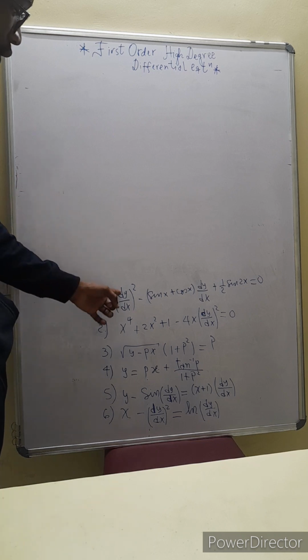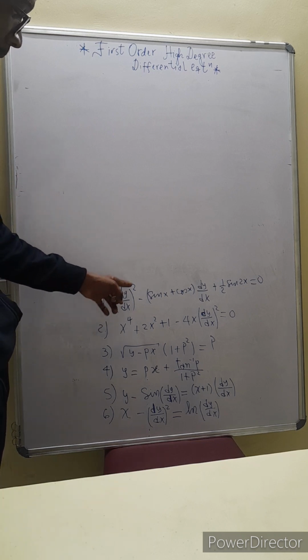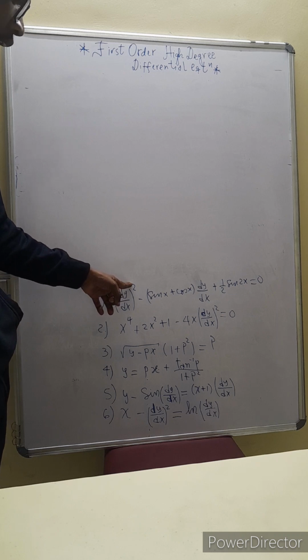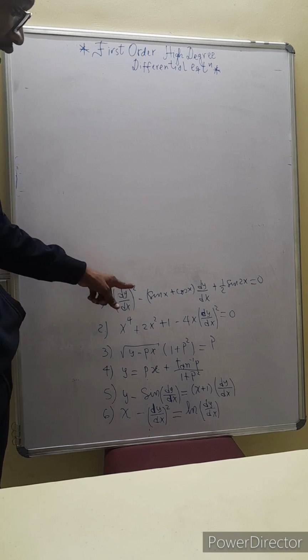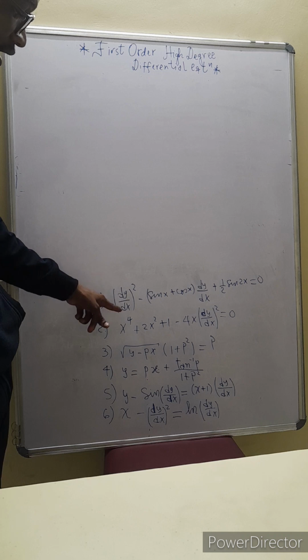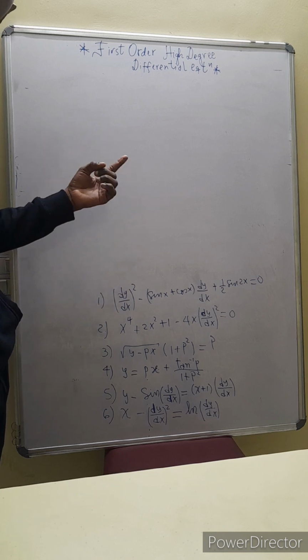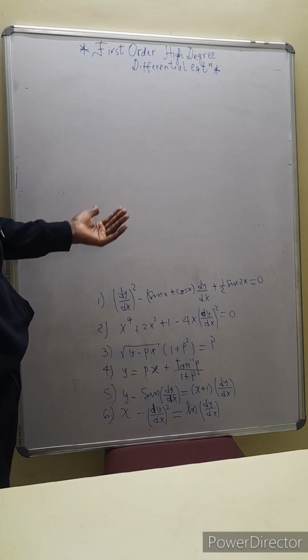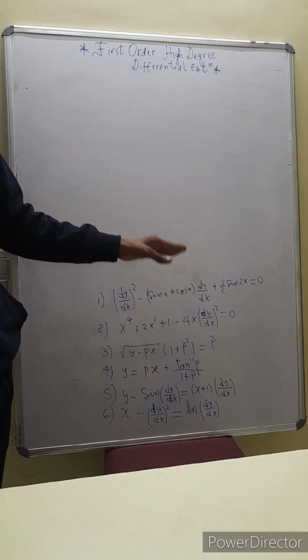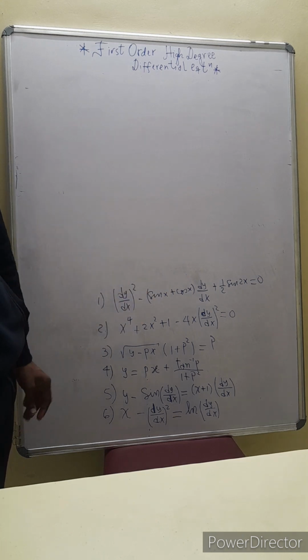This is first order. But higher degree, which means that the maximum degree of this differentiation term is 2, and 2 is greater than 1. So it is a higher degree first order differentiation equation.